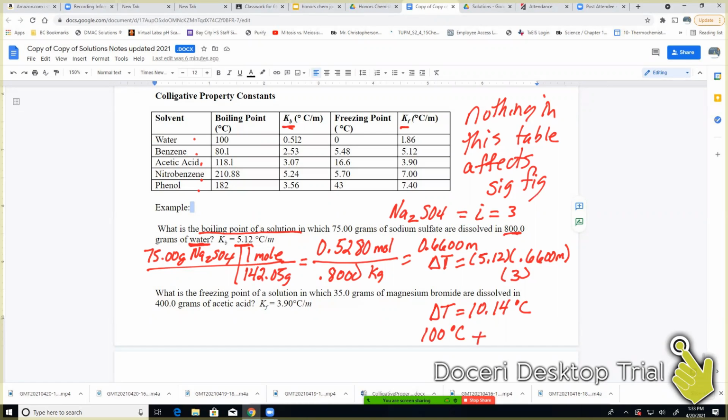Add, right, because boiling points elevate. 10.14, and I end up with 100... no, not just 100, how about 110? With all the work, I'm going to do the easiest part at the end wrong. 14 degrees Celsius.